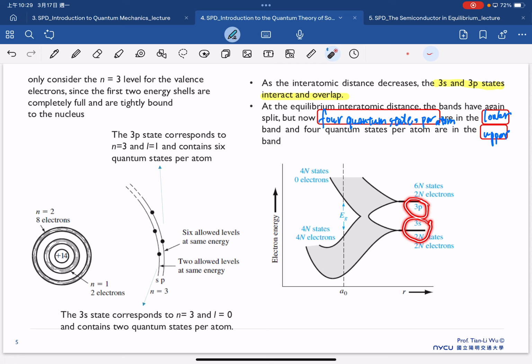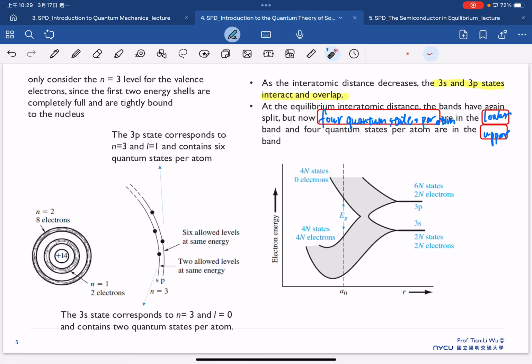The 3p has 6N states, and 3s has 2N states. But as the distance gets closer, this splits into bands: 4N states on top and 4N states on the bottom.